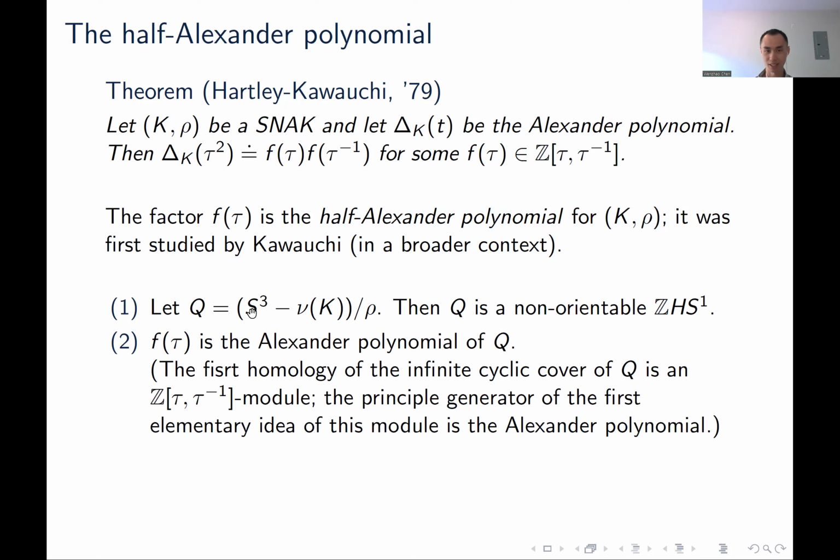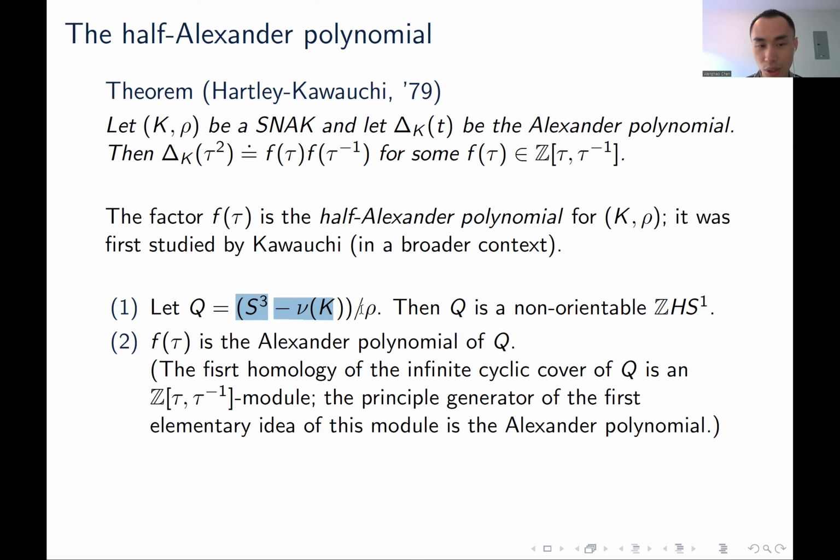To get the half-Alexander polynomial of a snack, the first thing we do is look at the knot complement of the snack and recall that there's an order 2 symmetry rho, and that order 2 symmetry restricts to an order 2 symmetry on the knot complement. It's fixed point free because the fixed points are on the knot, and now you remove the knot.